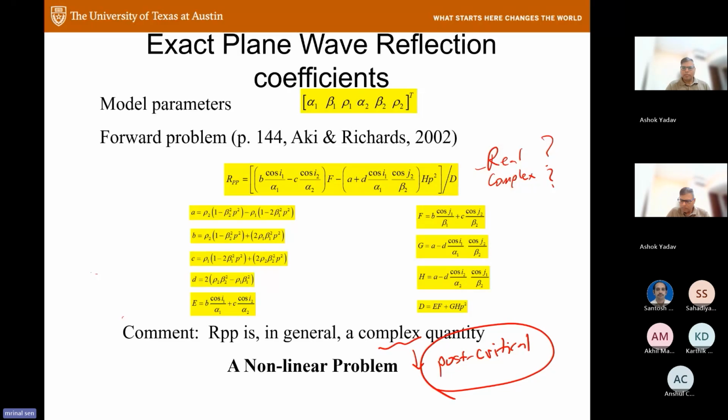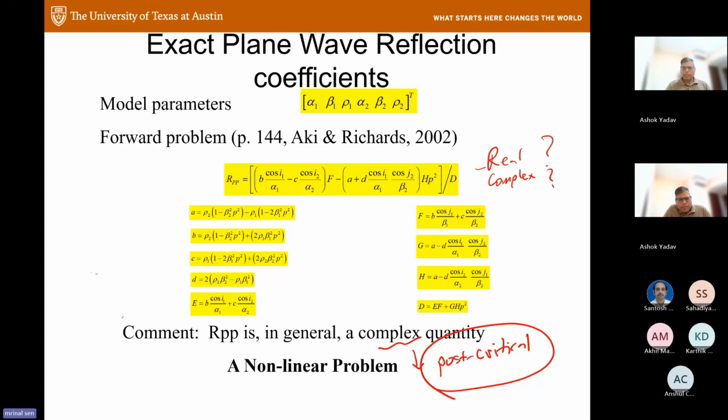Now, that's one thing. The second thing is that even though these are exact reflection coefficients, if you just look at these equations, this equation does not provide you with much of an insight, in the sense that what happens when I change the velocity, if I change the shear wave velocity, I change the density, how's my amplitude going to change, right?